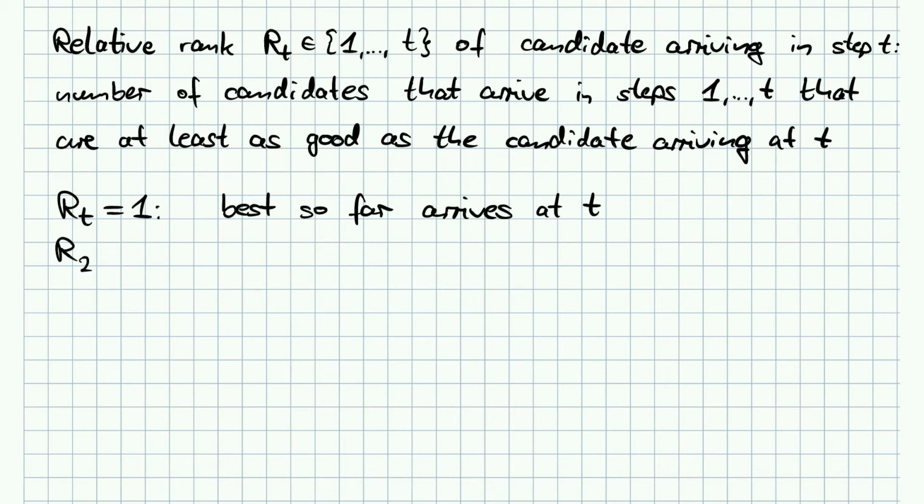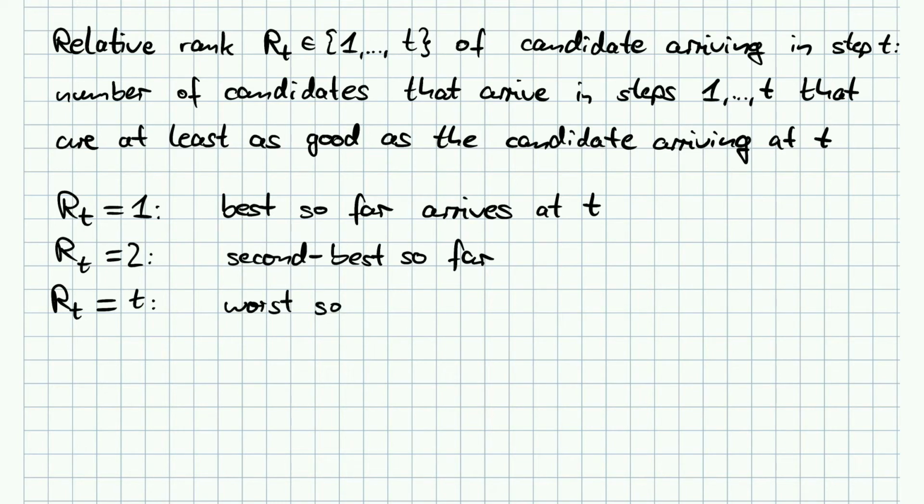Or we could have R_t being equal to 2. This means that we see a second best so far. Or we could have R_t being equal to t. This means that it is the worst so far, because everybody was at least as good as the one that we are seeing now.